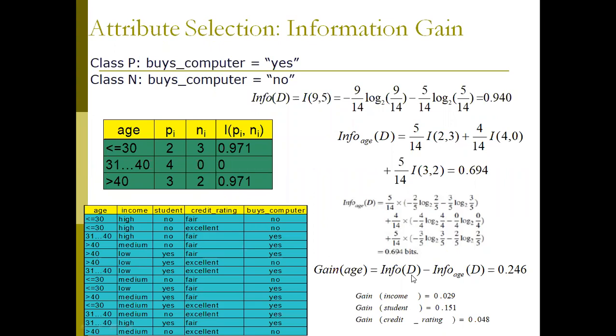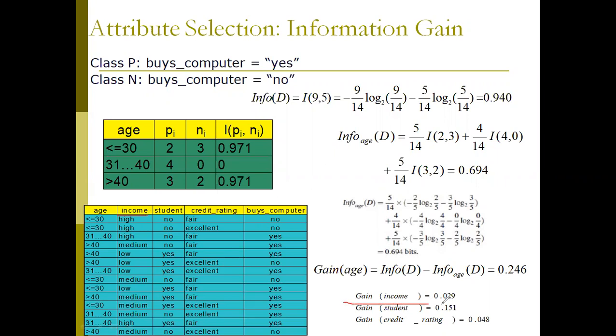Here, for the same table, we have calculated the information gain for each and every attribute, isn't it? In this way, for income also we have calculated one information gain. What is the information gain value for income?